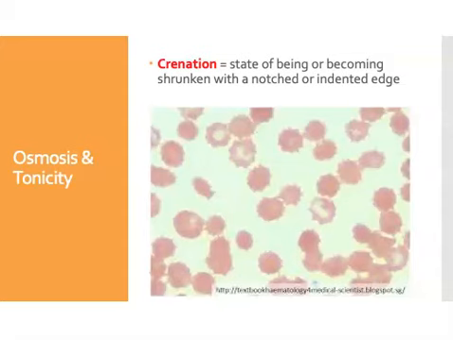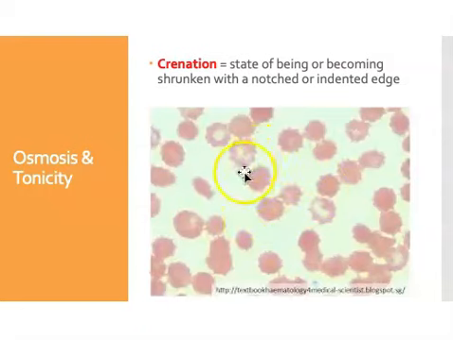Living cells can tolerate osmosis in small amounts, but anything more than that will damage and even kill the cell. Take a look at the image on this slide. This image was taken using a light microscope, and it shows red blood cells that have undergone osmosis, where water ran out of the red blood cell to the outside.